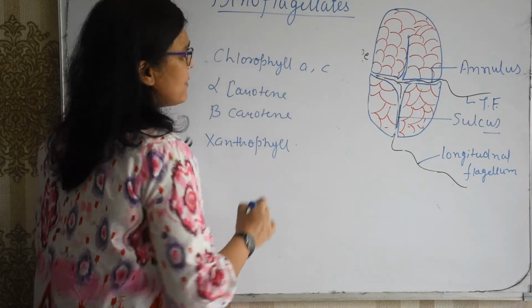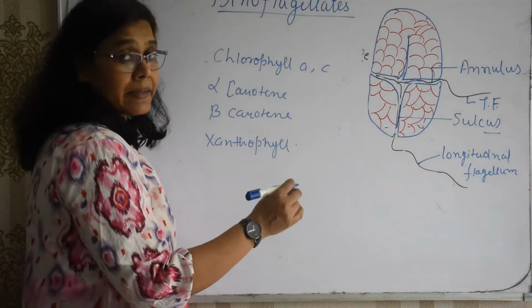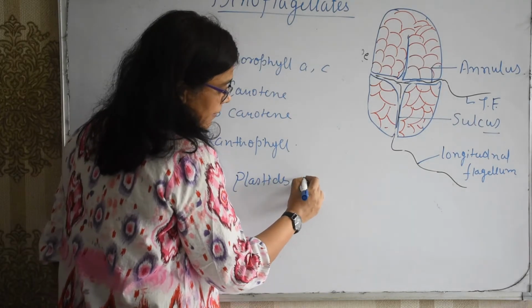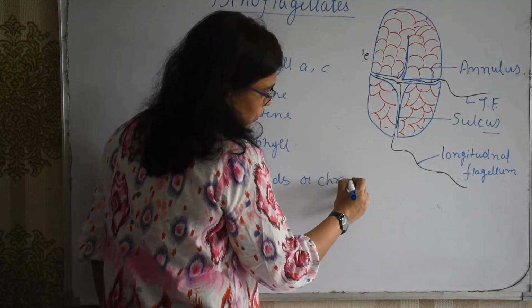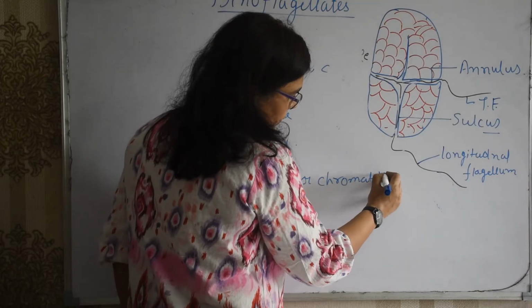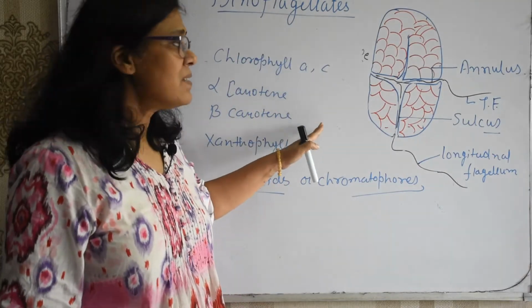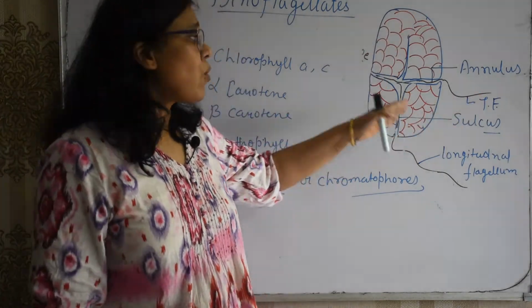These pigments are present either in the plastids or in the chromatophores. With the help of these pigments, it synthesizes organic food.